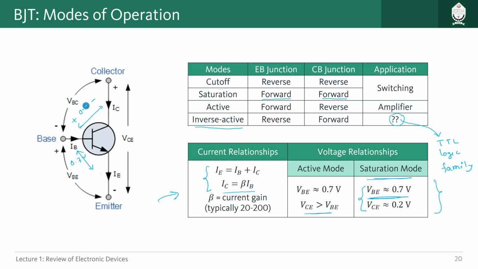Rather you are going to see a 0.4 or 0.5 volt drop. As a result, whenever you take the voltage from collector to emitter, it should be minus 0.5 plus 0.7, so around 0.2. So that's why VCE is approximately taken as 0.2 volt for saturation mode.